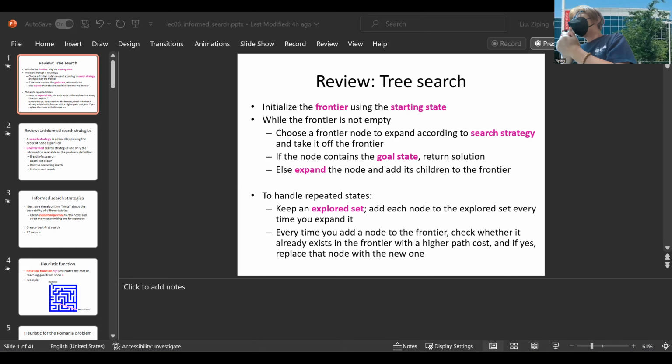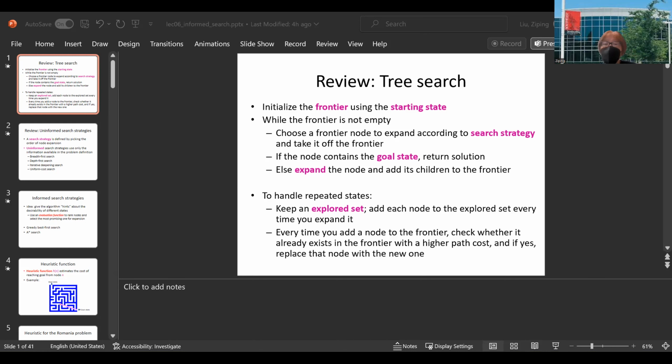How do we come up with a heuristic function? The definition of admissible heuristic is: for every node, its heuristic h(n) must be less than or equal to h*(n). What is h*? h* is the actual cost. So your heuristic must be less than or equal to the actual cost.